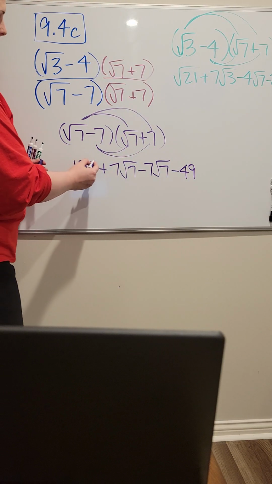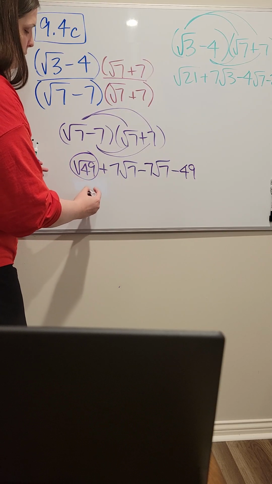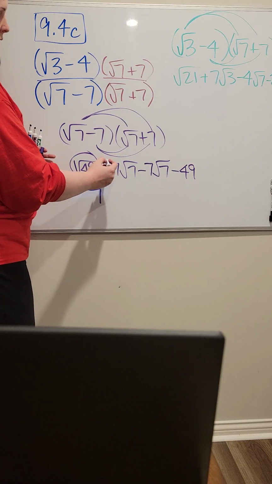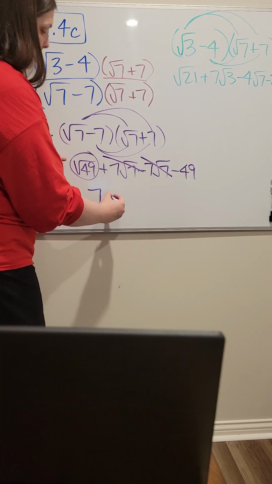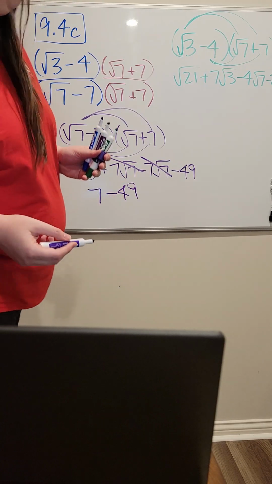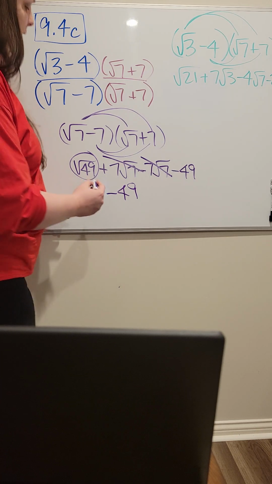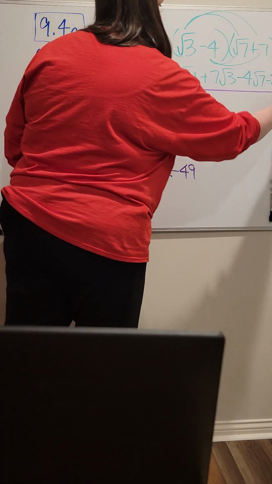Okay, this is nice because it's a perfect square. Square root of 49 is 7. These cancel out by design. And then we have minus 49. Okay, and 7 minus 49 is negative 42.